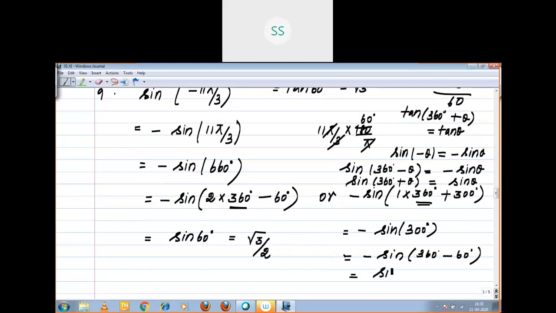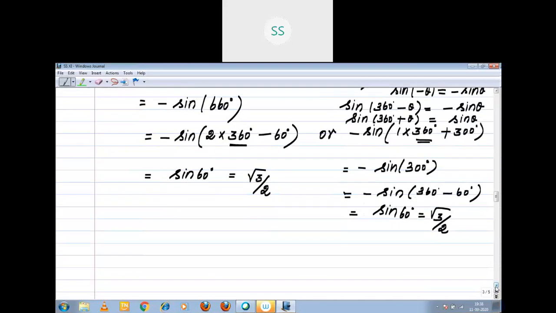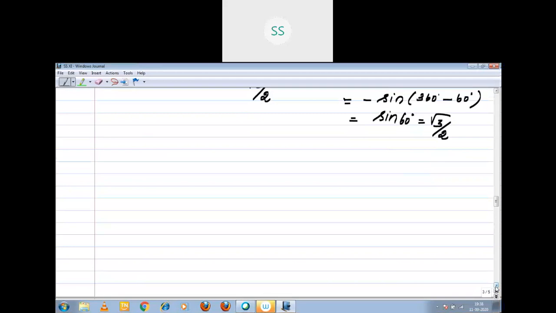Then minus into minus plus sine 60, which is equal to root 3 by 2. Whatever it is, either 1 complete rotation or 2 complete rotations, you will arrive at the same result, but you have to be very careful how to write the things, right?